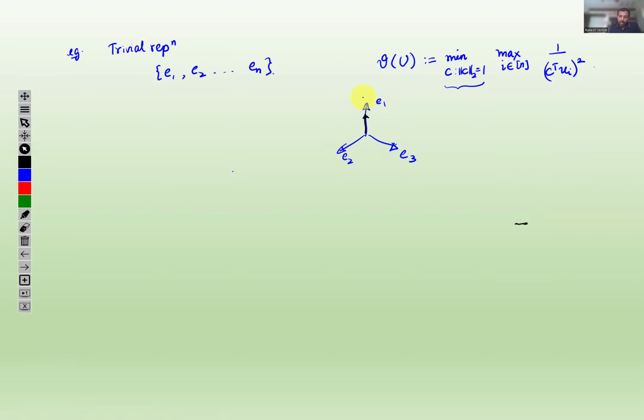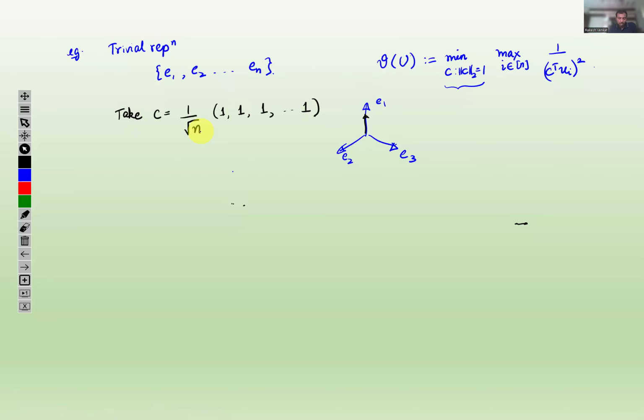Because this instance is so symmetric, it seems natural to take C to be, for 3 dimensions, just 1, 1, 1. But for n dimensions, it's all ones. I want it to be a unit vector, so I need to normalize it by square root n.